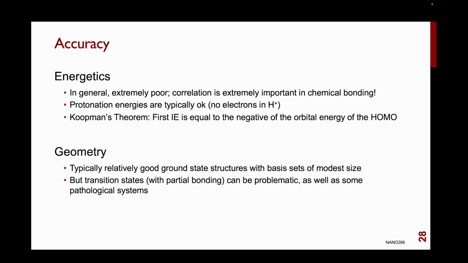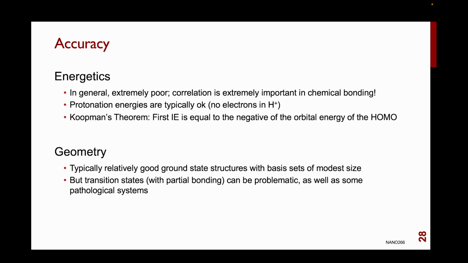So your electron correlation is not as big a factor when we talk about protonation energies. There is something called Koopmans' theorem, which states that basically the first ionization energy is equal to the negative of the orbital energy of your highest occupied molecular orbital. So that actually gives you your ionization energy from your Hartree Fock calculation.